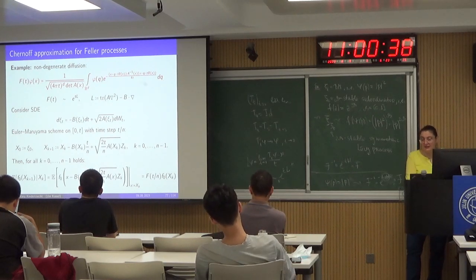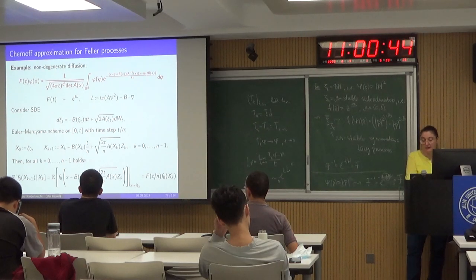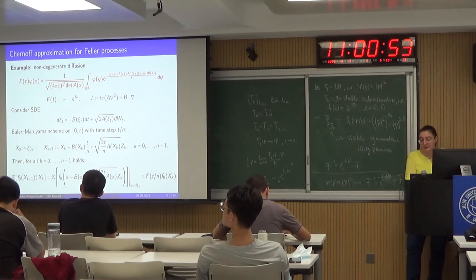What stays here, this Gaussian exponent, is nothing else but the distribution of this random variable. So this conditional expectation is nothing else but my F_{t/n} applied to f_0 at point x, and then we insert the random variable x_k instead of x.